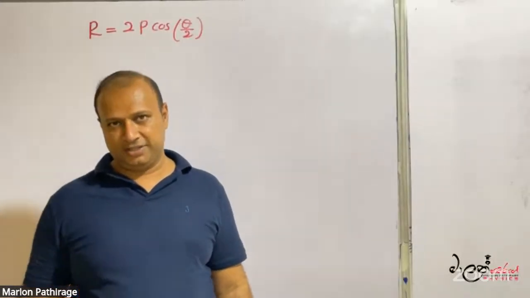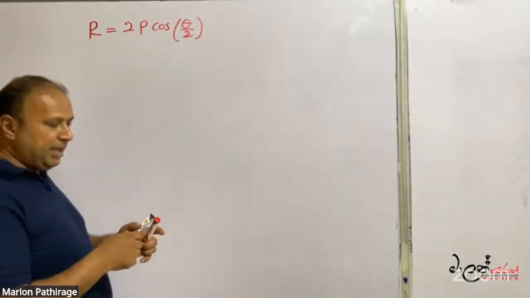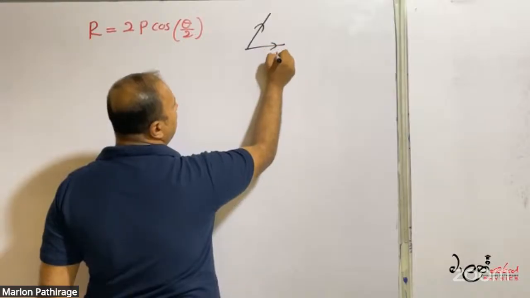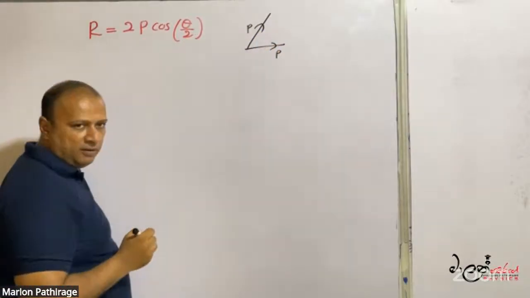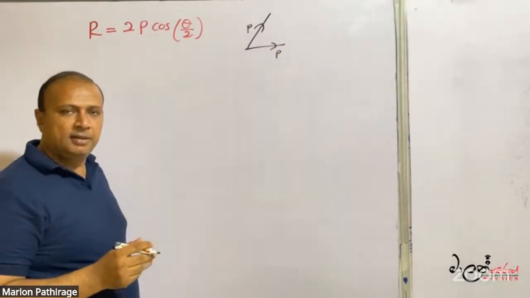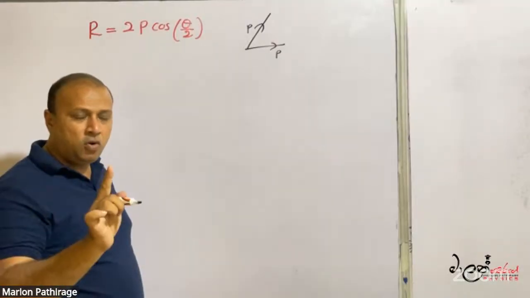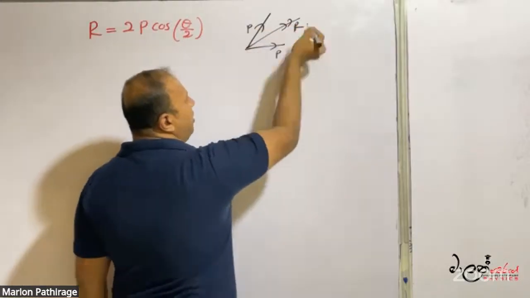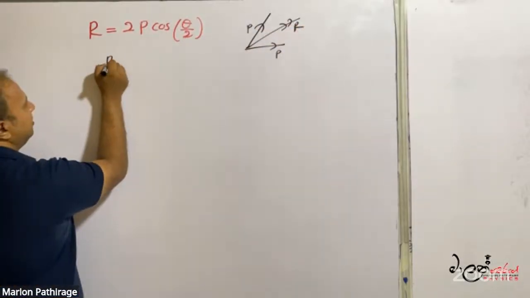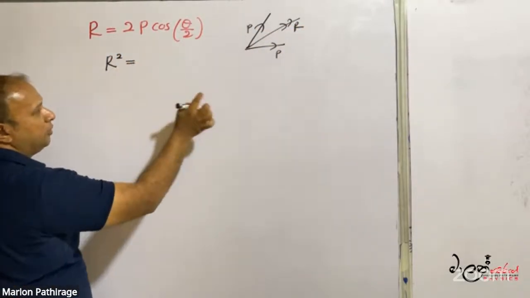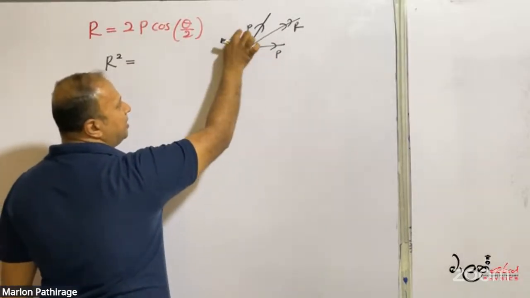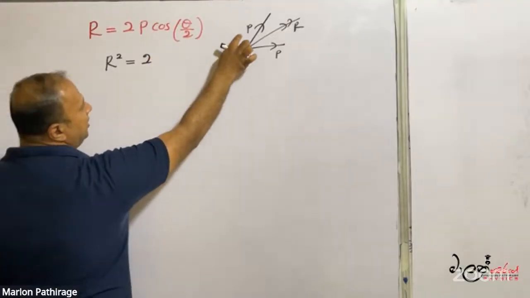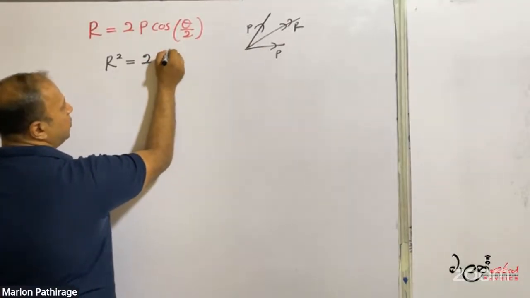So that means now these two are equal forces. Now, the square of the resultant force is equal to twice the product of the two forces. That means 2 times P into P, which is 2P squared.